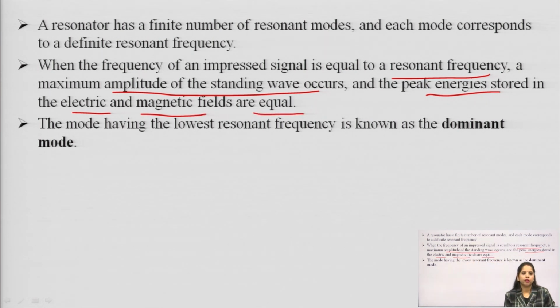So, what we get from this is that when the frequency entering a cavity is equal to the resonant frequency of the cavity, which we have already calculated, the maximum amplitude of the standing wave occurs and the peak energy stored in the electric and magnetic fields are equal.